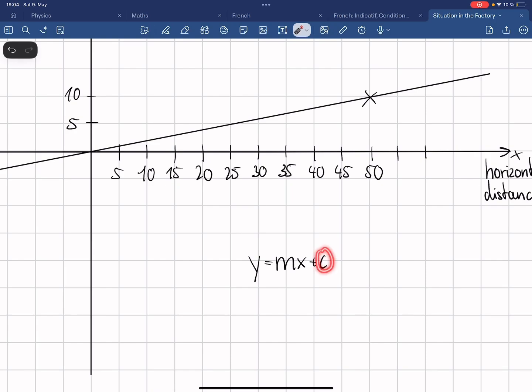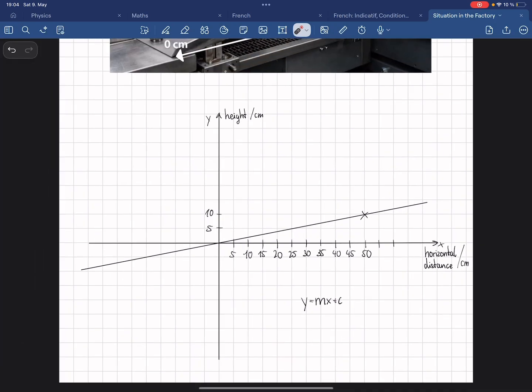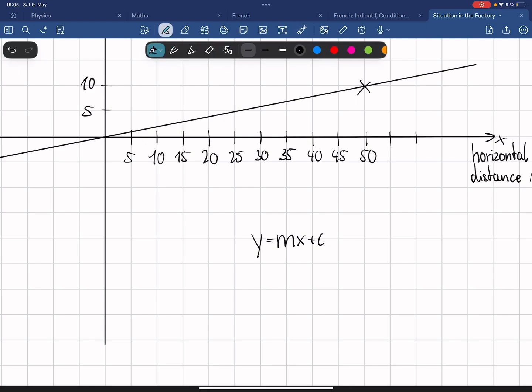And c represents the y-intercept, so basically, because this is the y-axis, c shows us where it's crossing the y-axis, which is, for our example here, this point. So now we can just basically read it off.